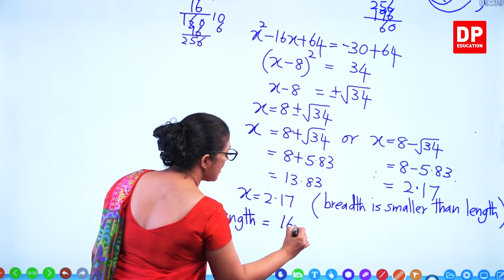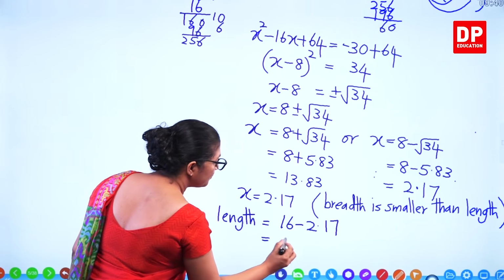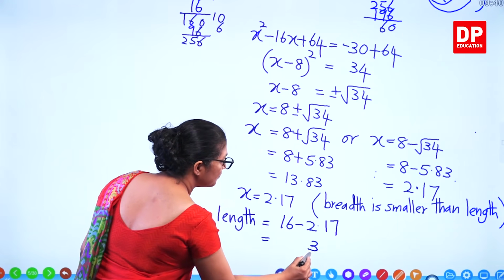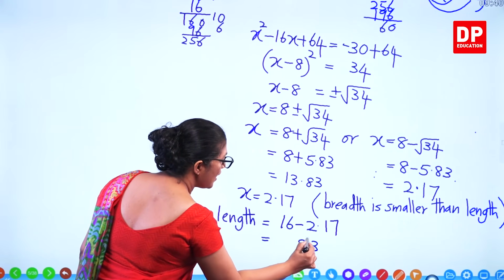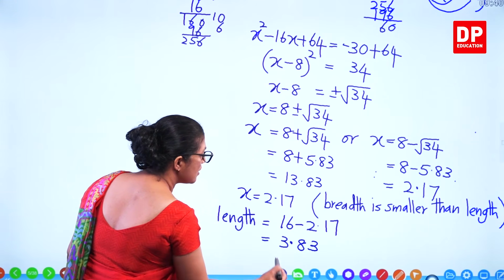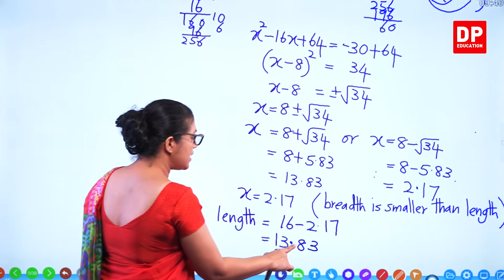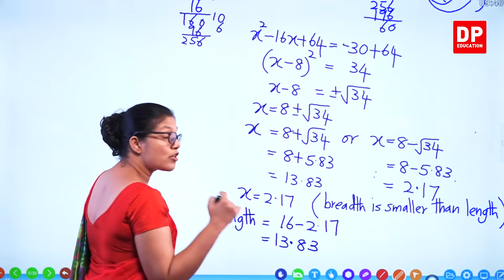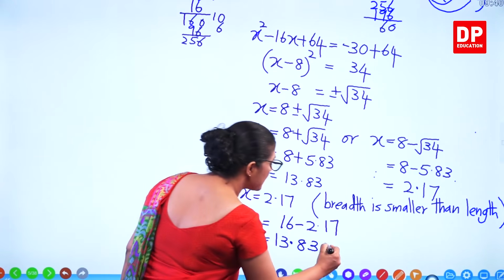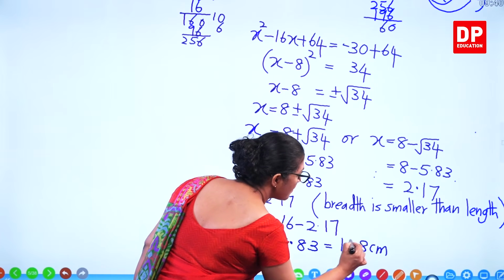16 minus 2.17 gives 13.83. So correct to one decimal place, 13.8 centimeters.